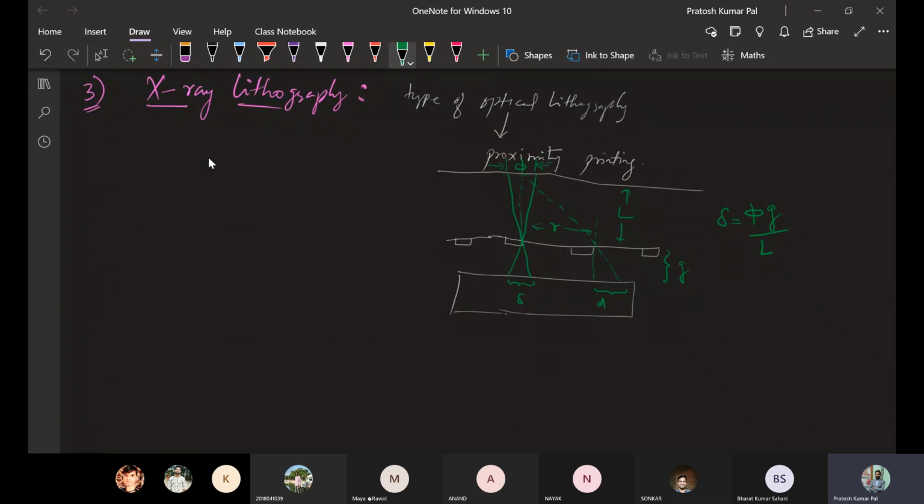And this distance d is given by Rg divided by L. So there are two exposures, defined by the different lengths and widths, the dimensions between the mask, the X-ray projector, and the silicon semiconductor surface. So this is the experimental setup in the case of X-ray lithography.